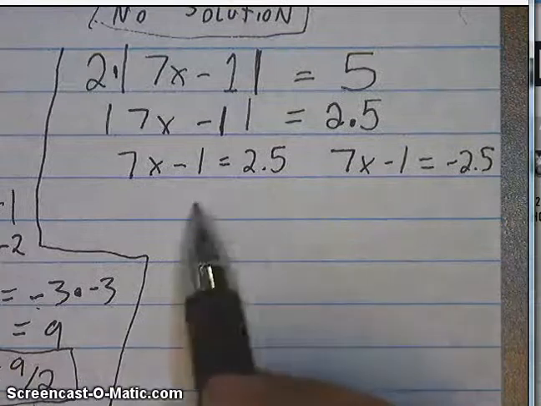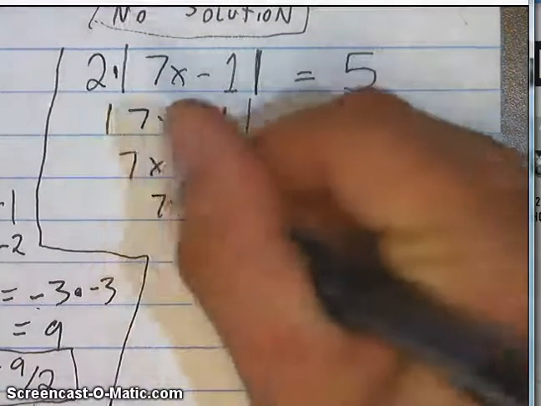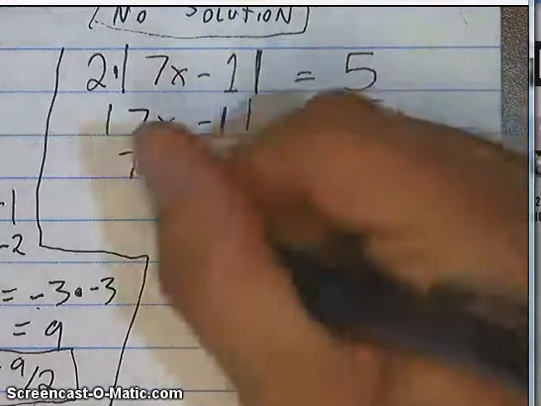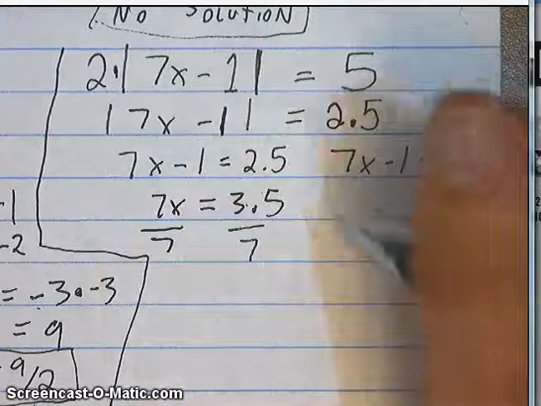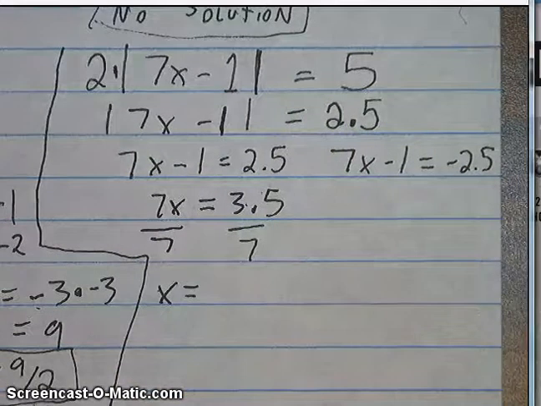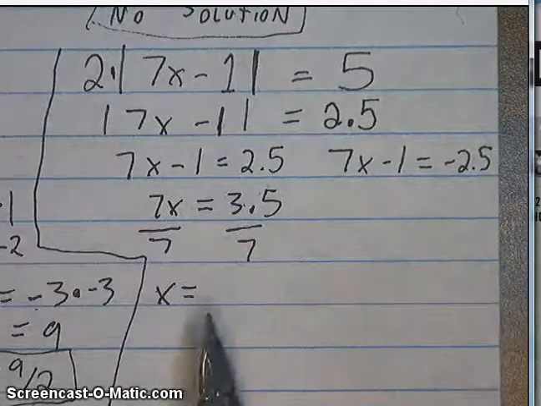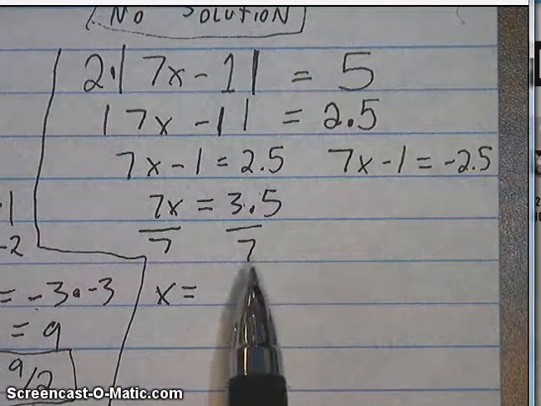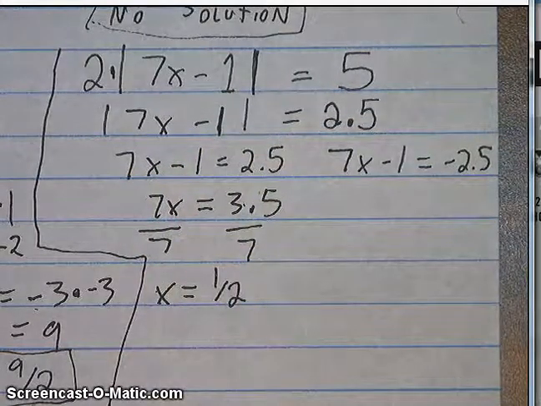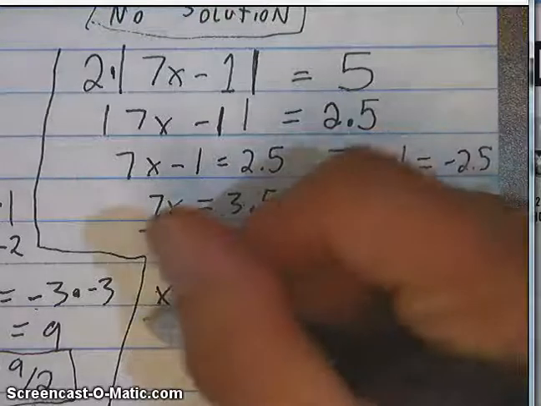I'm going to add 1 to both sides to get 7x equals 3.5. And then I'm going to divide by 7 to get x equals, well, 3.5 is simply half of 7, so this is going to reduce to 1/2. And you can check that in your calculator. So that's one of the two solutions.